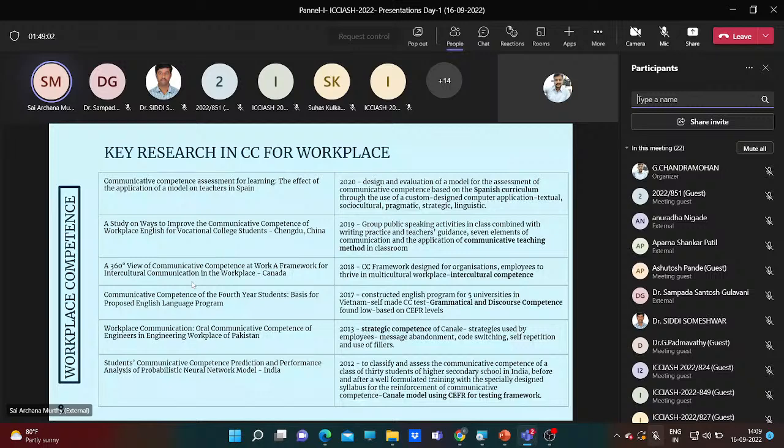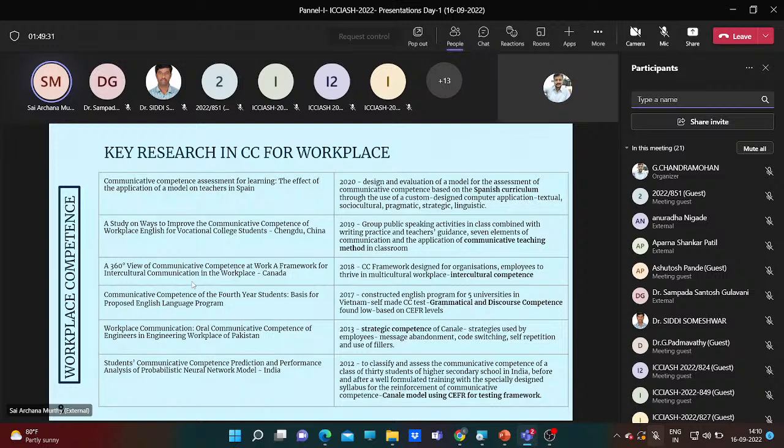But the above comparative analysis that I just presented to you shows a distinct need for a comprehensive and eclectic model of communicative competence. Therefore, the scope of this research is to address the research gap of the lack of an eclectic model. And this has been arrived at by historically organizing all the independent contributions that came by the previous giants, and to each a new competence was added.